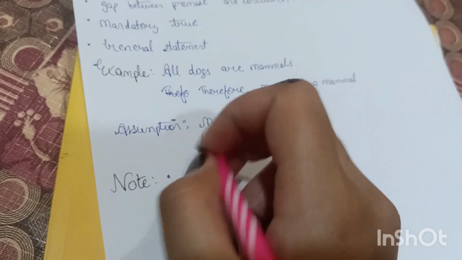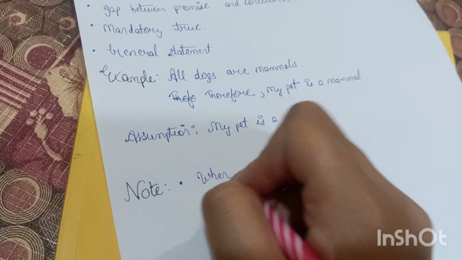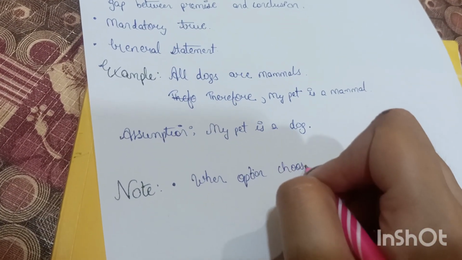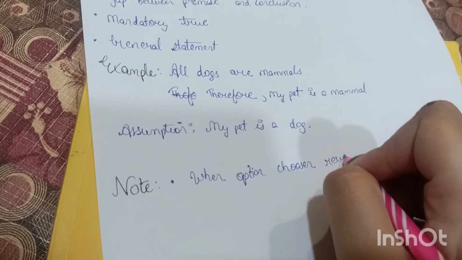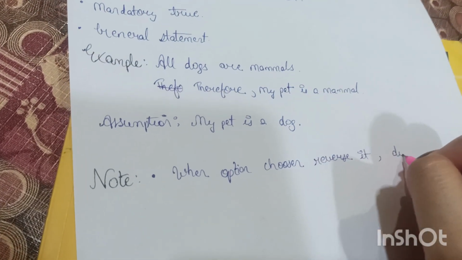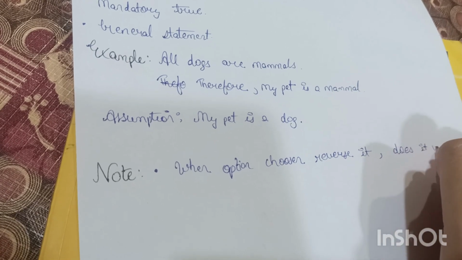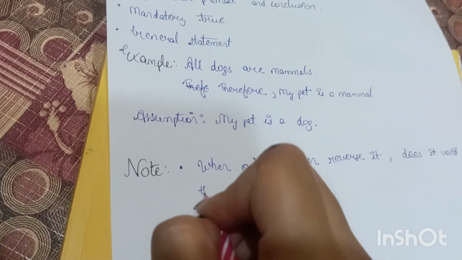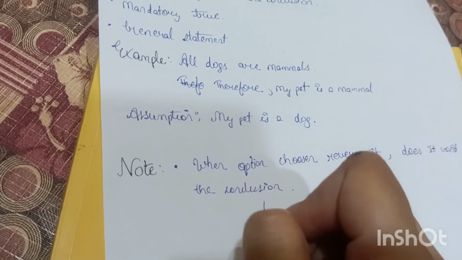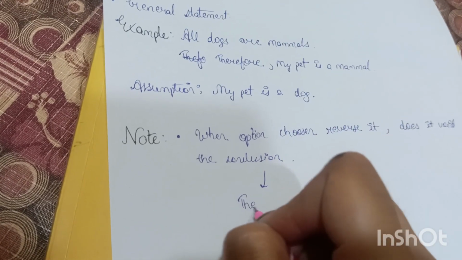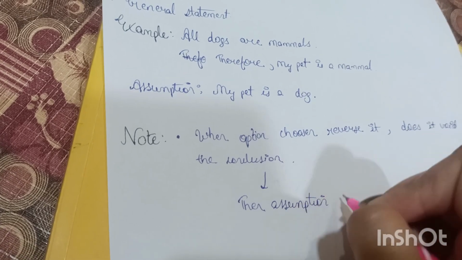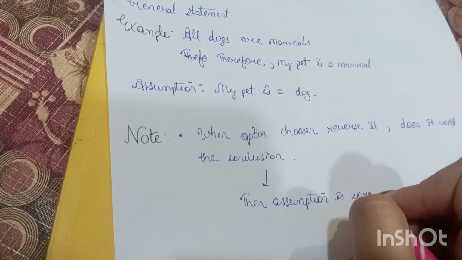The first one is that when an option is chosen, reverse it, and then see whether it voids the conclusion. Then the assumption is correct.